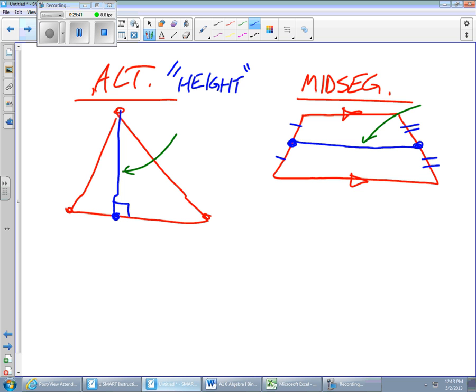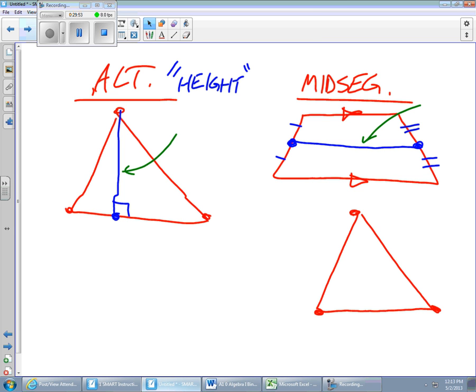The only difference is that a mid-segment can exist in any shape. So it is just as likely that if it comes down to a mid-segment problem, you may see the mid-segment of a triangle just as much as you may see the mid-segment of a trapezoid.